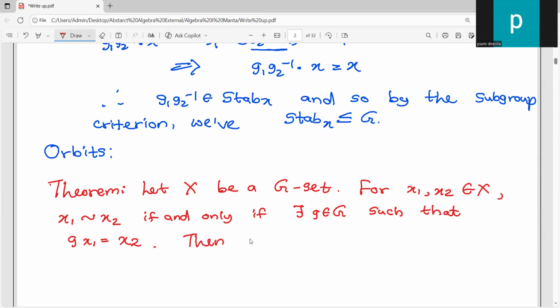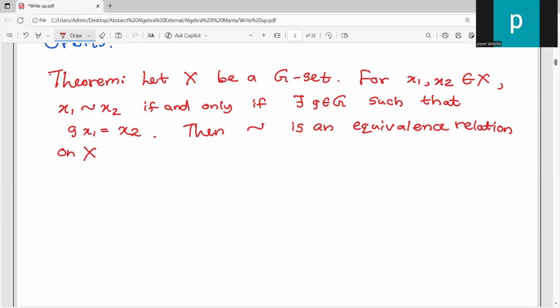Then this tilde, this equivalence, is an equivalence relation on X.